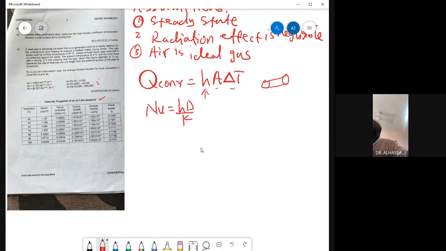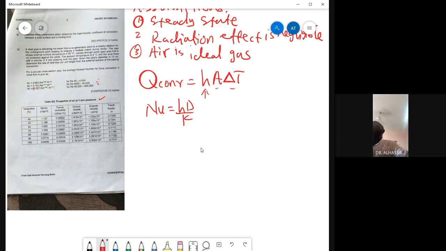If the air were flowing across a horizontal flat surface, then this D would be changed to L. But over here we are only dealing with a cylinder or a pipe, so this should be the hydraulic diameter.